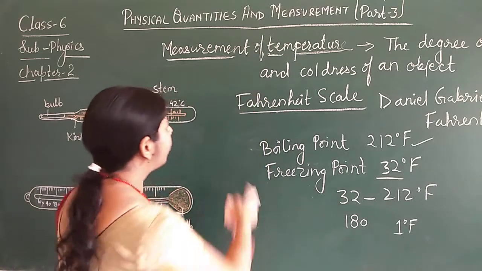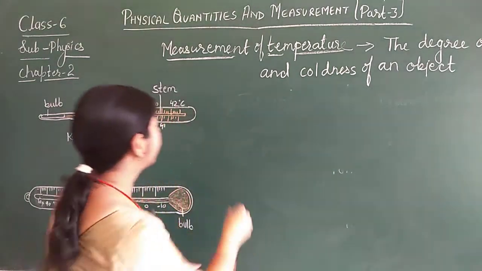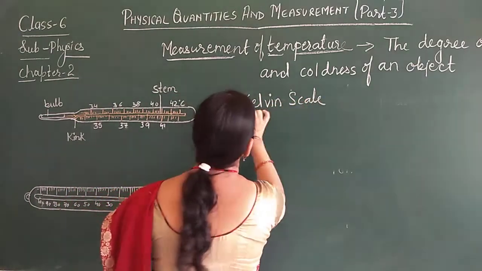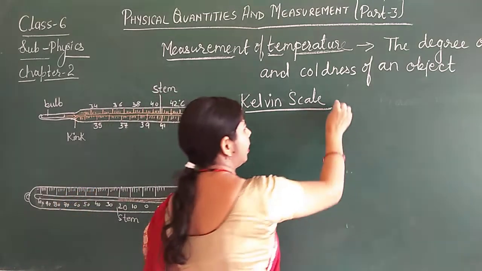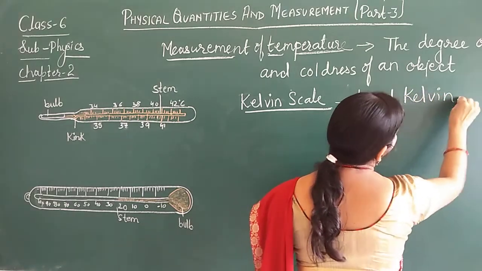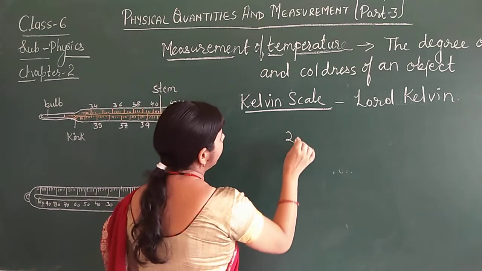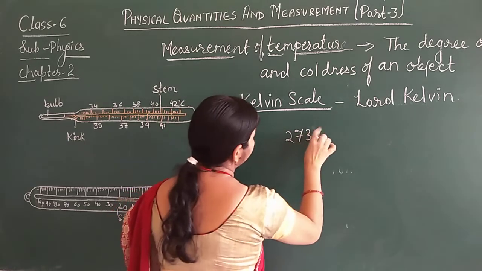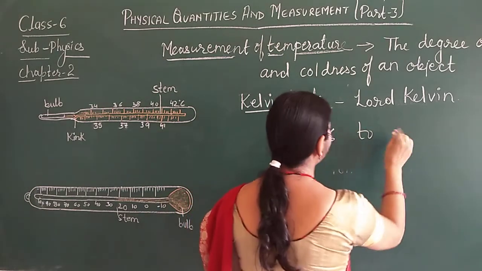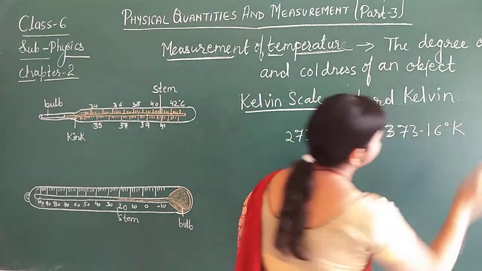Now, let's move towards the Kelvin scale. This Kelvin scale was discovered by Lord Kelvin, and in this scale the measurement given is from 273.16 degree Kelvin to 373.16 degree Kelvin.